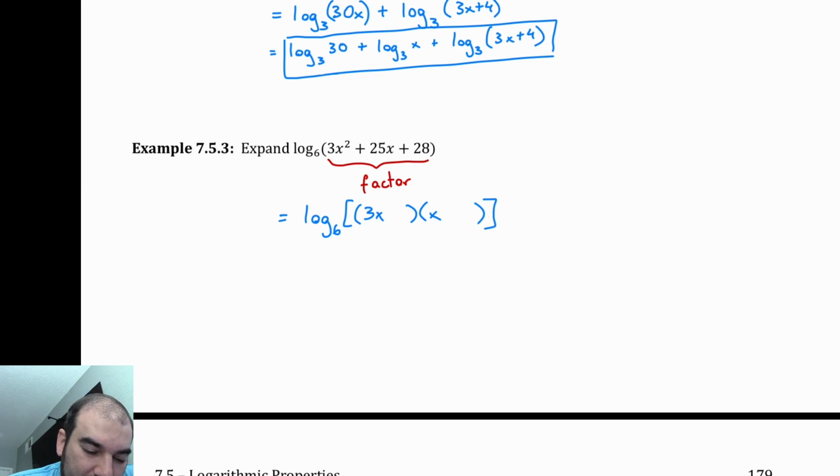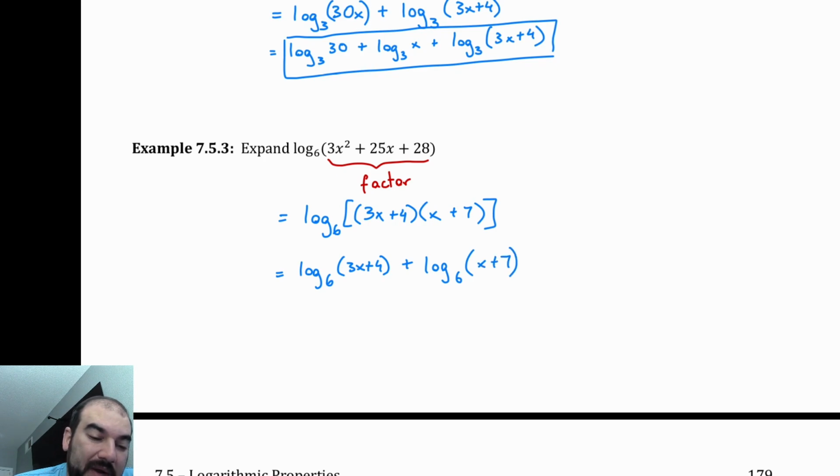So if I were to factor that, what's 28? 7 times 4. So if I put a plus 7 here and a plus 4 here, I think that works. Yeah, so now you can expand into log base 6 of 3x plus 4 plus log base 6 of x plus 7. All right, so before we can expand, it needs to be a product.